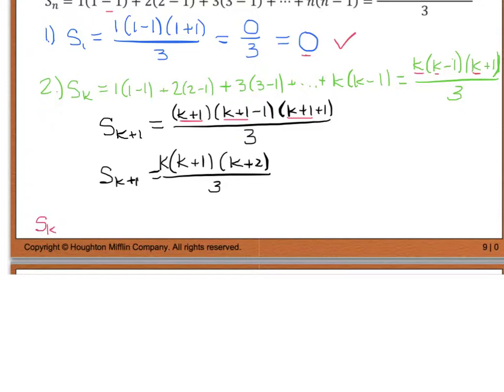S sub k plus 1 tells me that I'm going to have 1 times (1 minus 1) plus 2 times (2 minus 1) plus 3 times (3 minus 1) plus all the way up to k times (k minus 1) plus, now I'm going to replace every k with my k plus 1 because that is the next term, which is what I'm looking for.